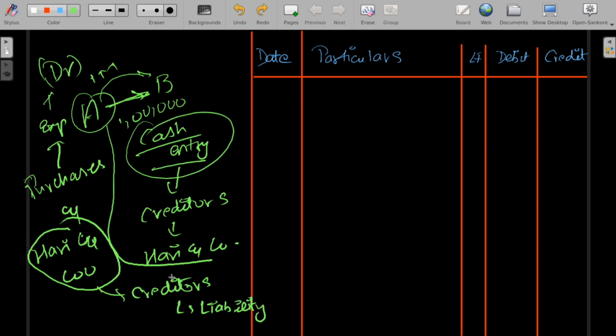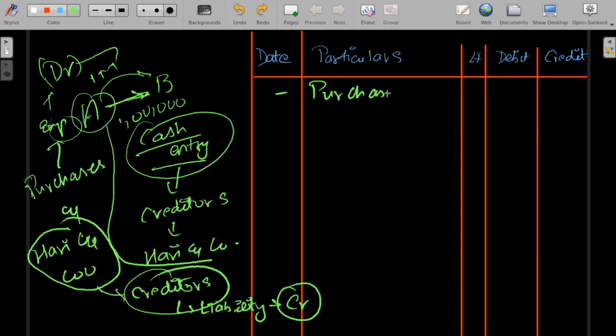So when your creditors increase, you credit your liability account, and when your expense increases, you debit your purchases account. So the entry would be simple: purchases account debit to Hari and Co. The amount would be 1 lakh.